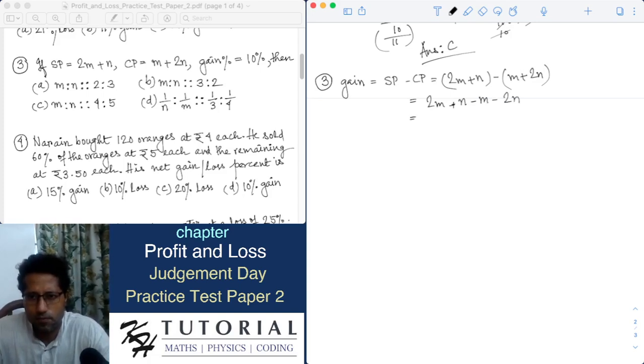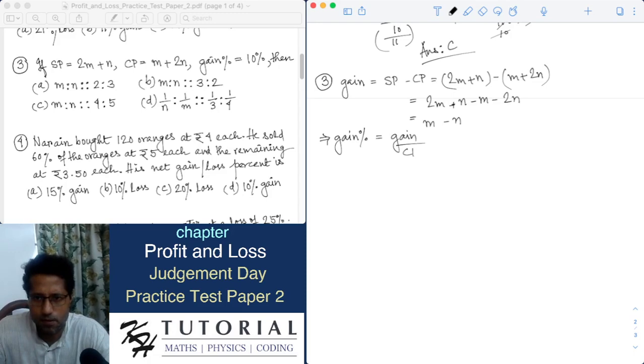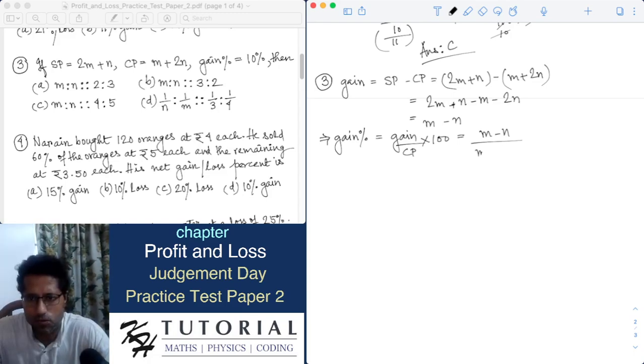Now this is equal to M minus N. This implies the gain percent will be gain divided by CP multiplied by 100. So gain is M minus N. CP is given to be M plus 2N. This multiplied by 100.